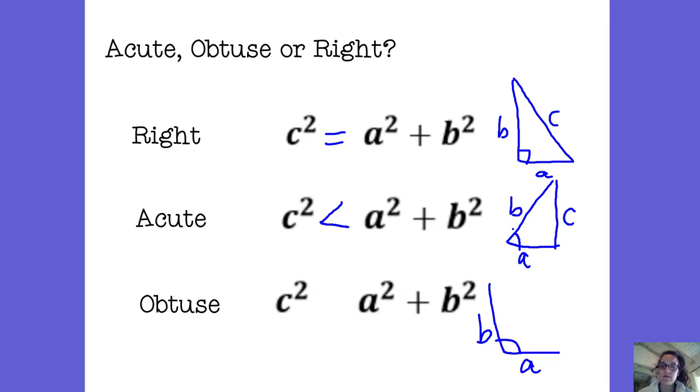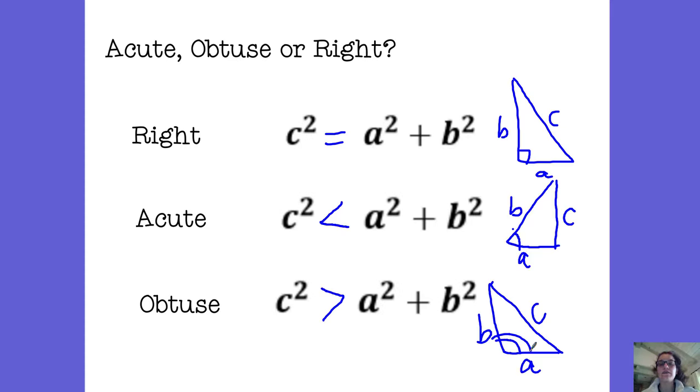And we make that angle bigger, so we're going to make side C bigger. So here, c squared was equal to a squared plus b squared. Now that c is bigger, c squared is going to be greater than a squared plus b squared, because this is an obtuse angle. This is an obtuse triangle.